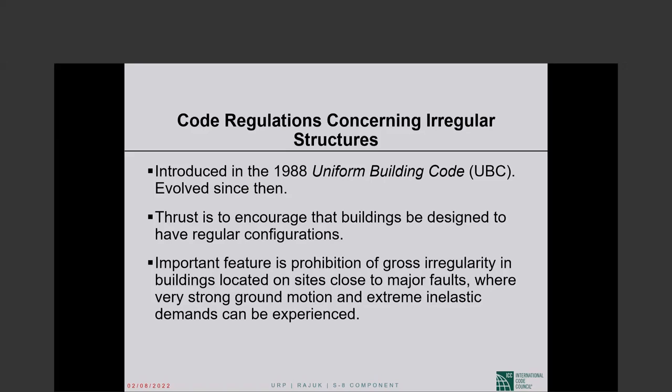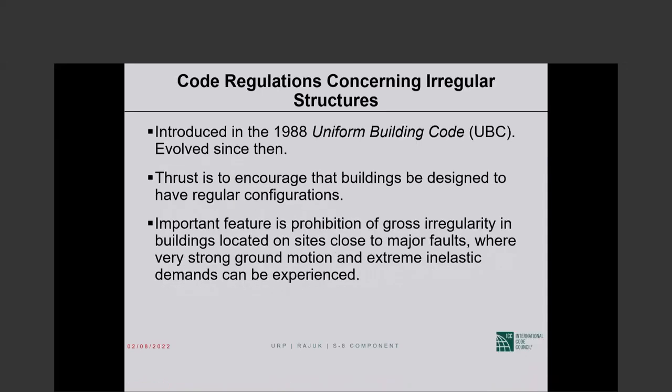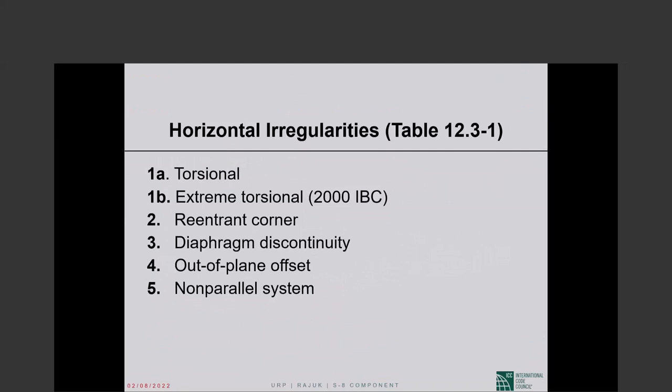The idea is not to penalize the lack of regularity, but to encourage regular configurations. An important feature is prohibition of gross irregularity in buildings located on sites close to major faults, where very strong ground motion and extreme inelastic demands can be experienced. So there are sometimes downright prohibitions. You cannot build irregular structures close to a major fault that can generate large earthquake ground motion.